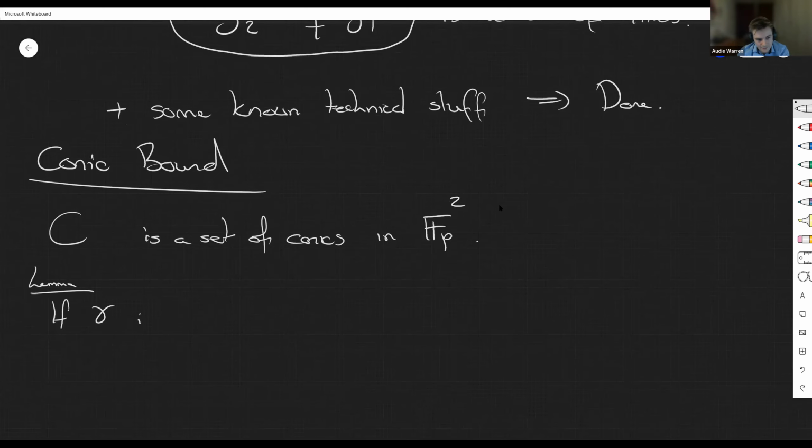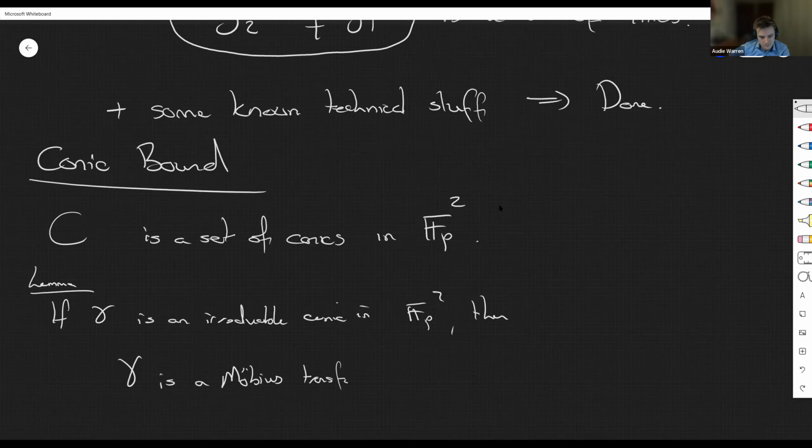If gamma is an irreducible conic in FP2, then gamma is a Möbius transformation if and only if. Now, what do we know about these Möbius transformations?